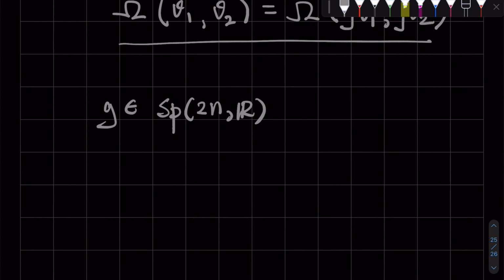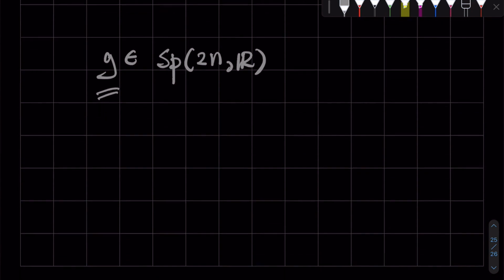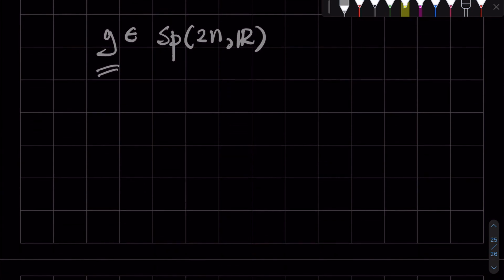So let me show you what the symplectic matrices look like for the most basic classical mechanical system, the one with the fewest number of degrees of freedom. So suppose our phase space has two coordinates. So our V has only one generalized coordinate Q, and P is the canonically conjugate momentum.